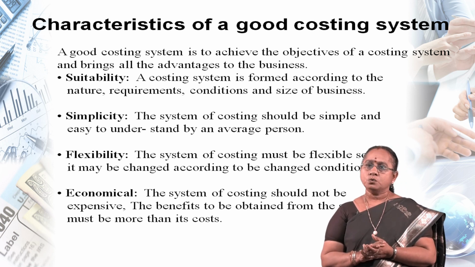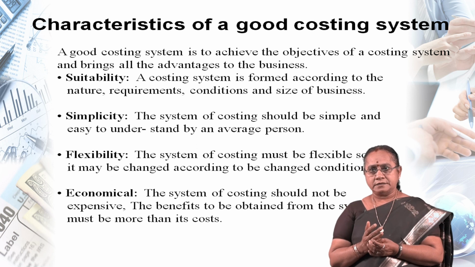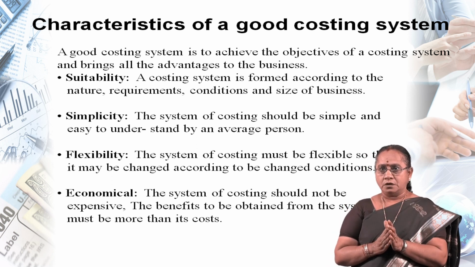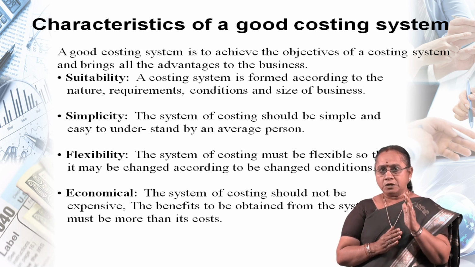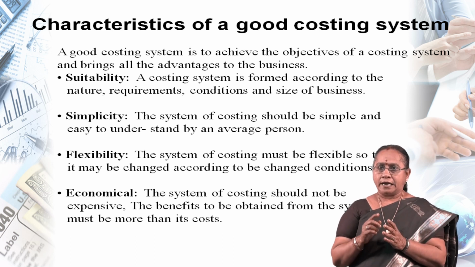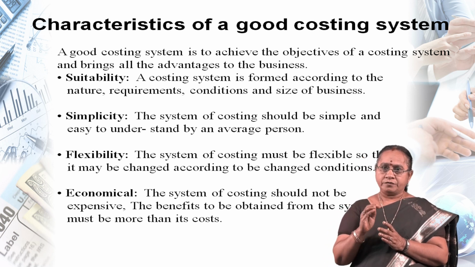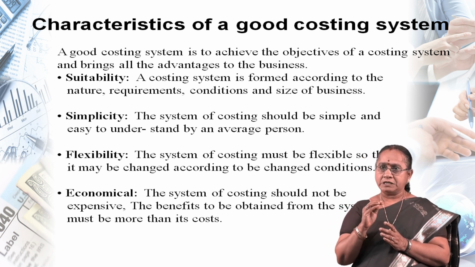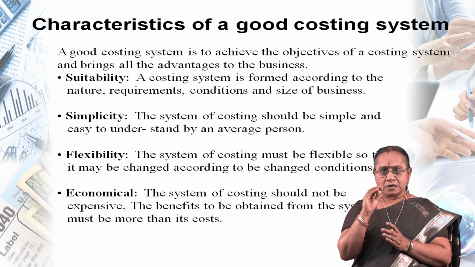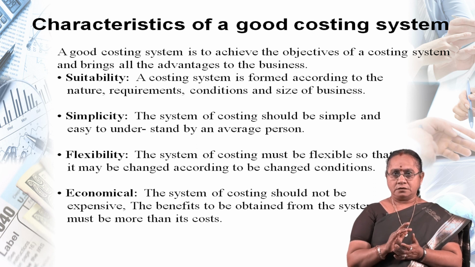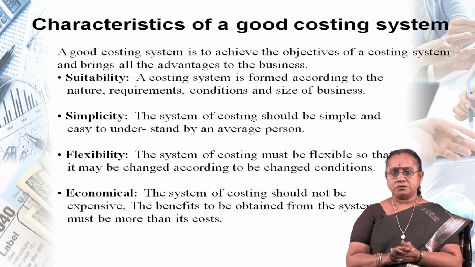First of all, suitability. The costing system that the organization follows should be suitable to the nature, requirements, conditions and size of the business. Whatever the nature and size, the costing system should be suitable to that organization.